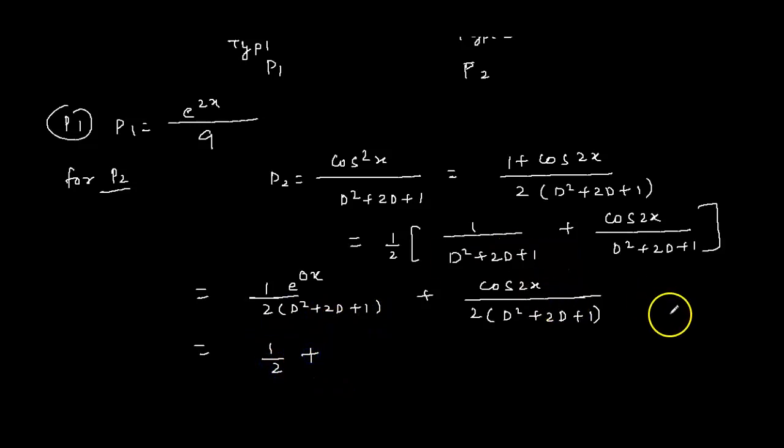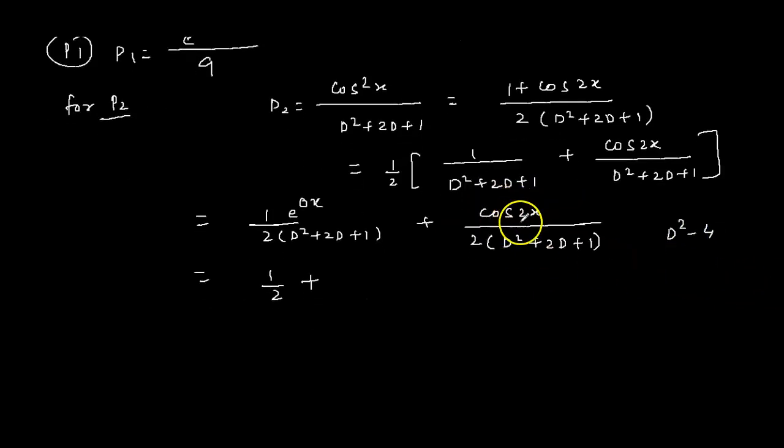This is type 2 here, D square replaced with minus 4, a is 2, so cos 2x divided by D replaced with minus 4. If you do minus 4 plus 1, minus 3, so 2D minus 3, right? Here D we cannot do directly.